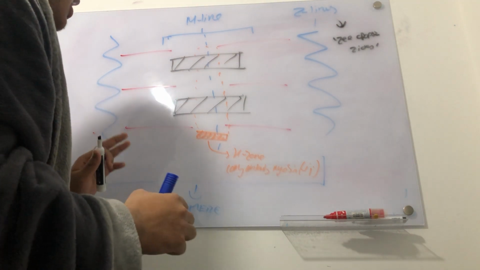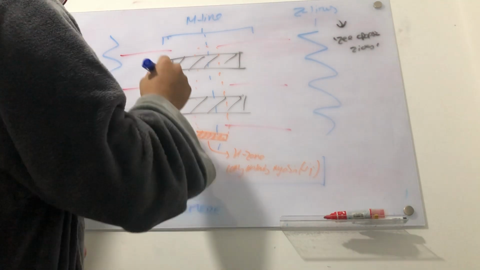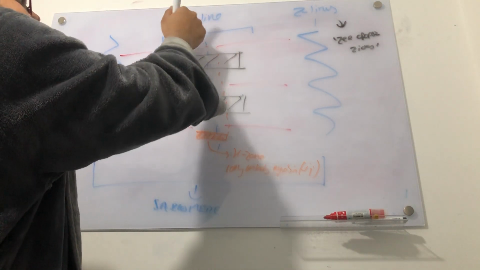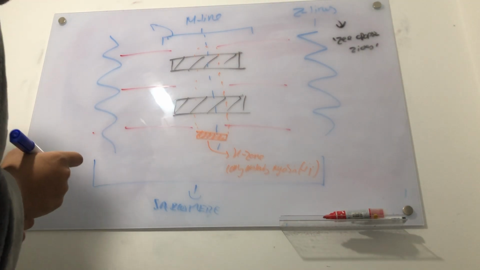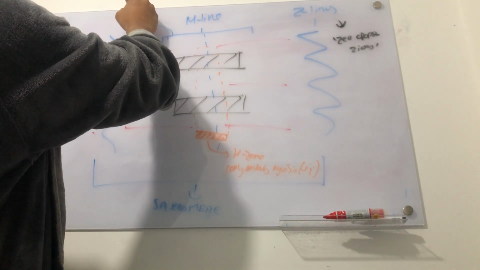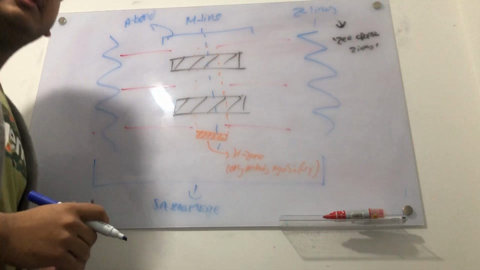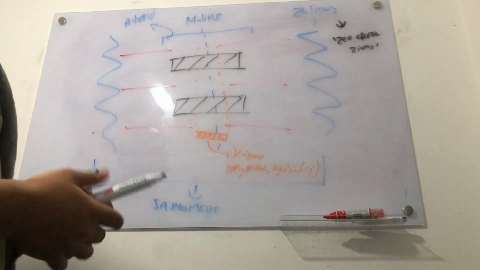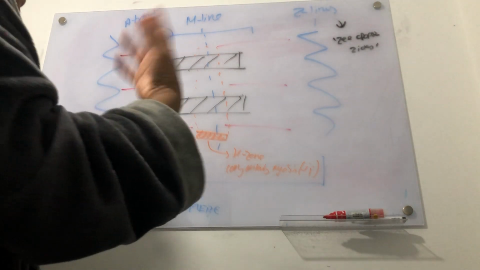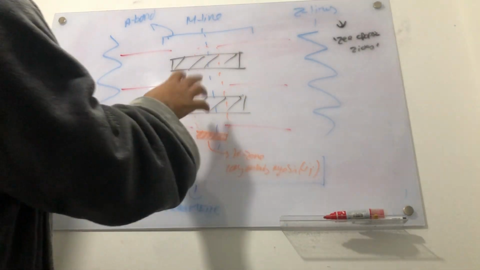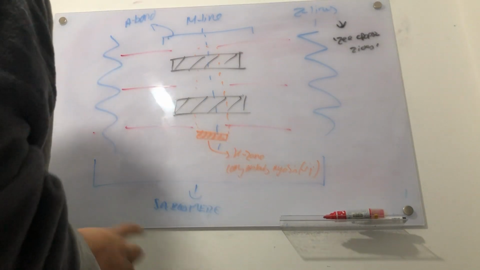So, sorry, this is a really bad diagram. But yeah, let me just do a little arrow here. So this is called your A band. And the way I remember this is A for all. So it contains all of the actin myosin filaments and all of the H zone. That's the way I remember it. So that's the A band.